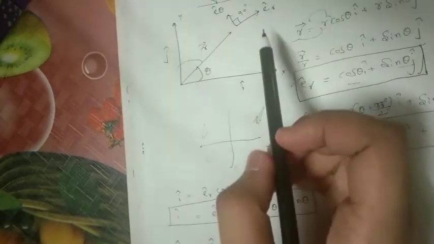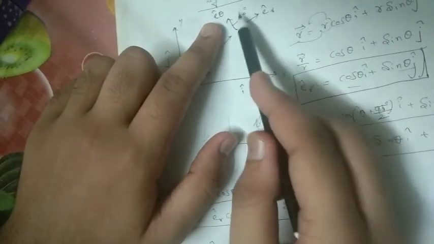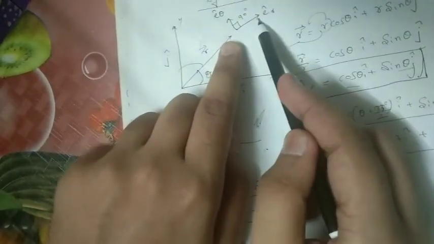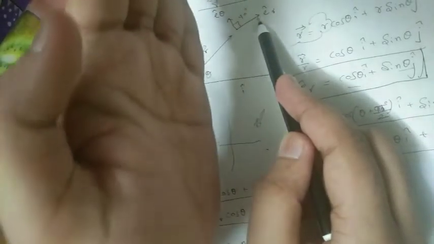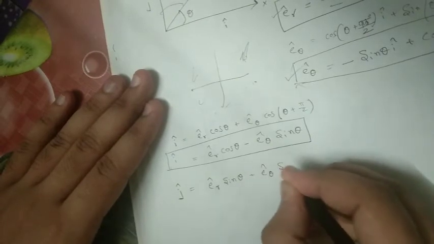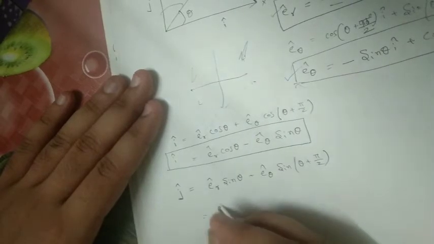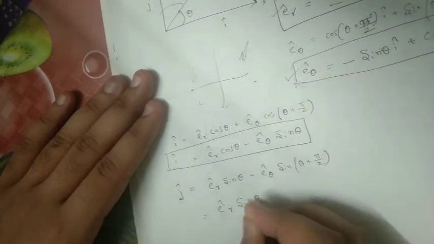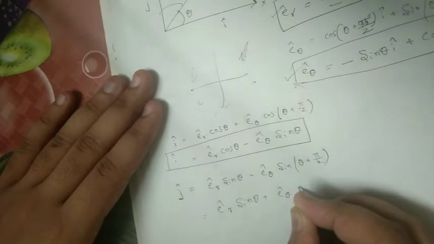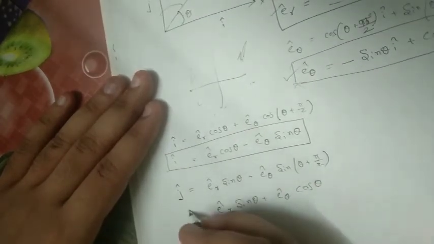And similarly, as E cap theta is in this direction, 90 degrees ahead, we are going to take sine theta and add 90 to this theta. So we get E_R sine theta plus E cap theta cosine of theta.